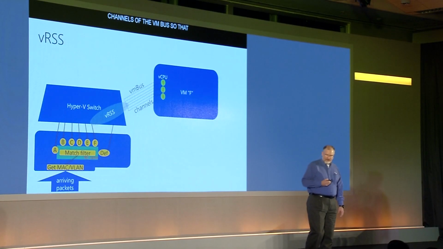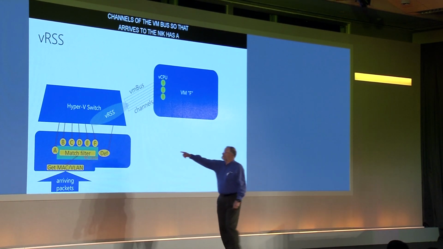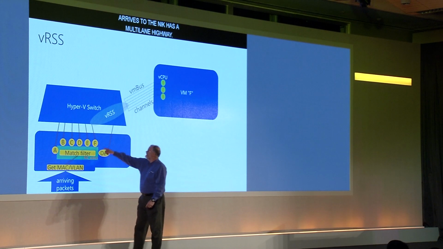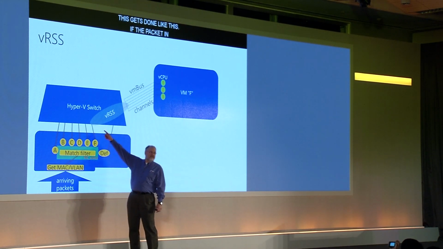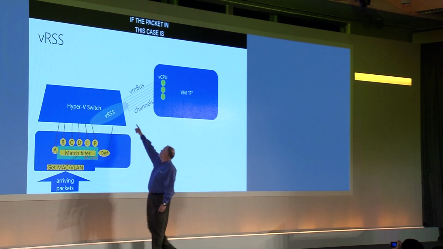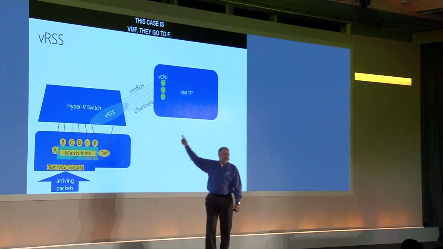This all gets done like this. So if the packet, in this case, let's say it's VMF, comes in, it matches the filter, goes to F, but as soon as it hits the Hyper-V switch, it gets put into a multi-lane highway to connect to all the different virtual CPUs in the VM.